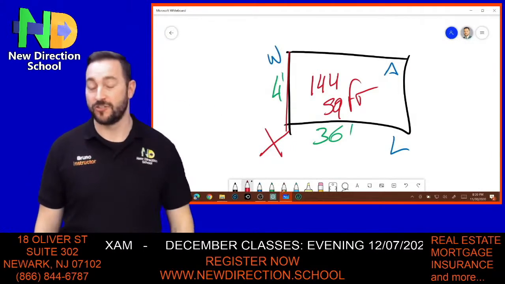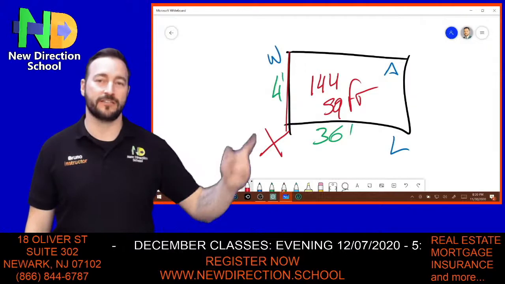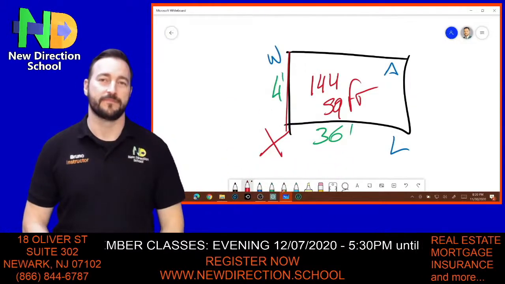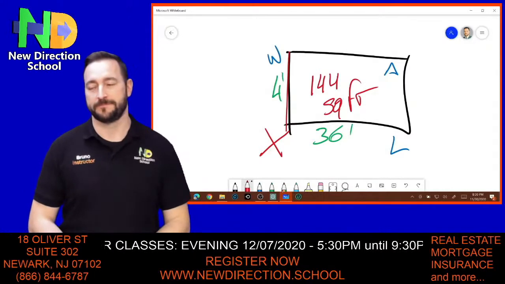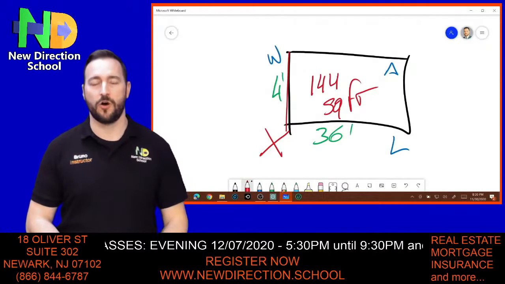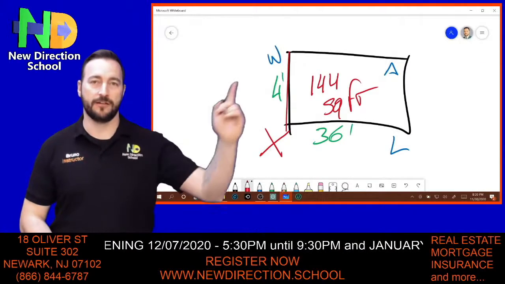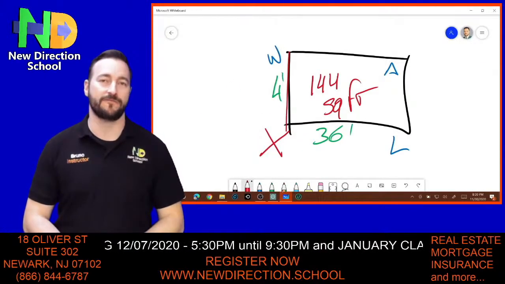So it's square feet. Why is it square feet? Because you're multiplying sides. So you have a square. Area is always expressed in square feet.